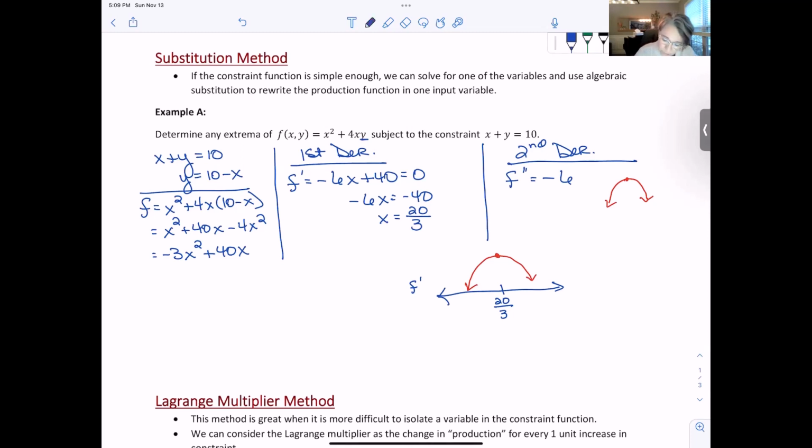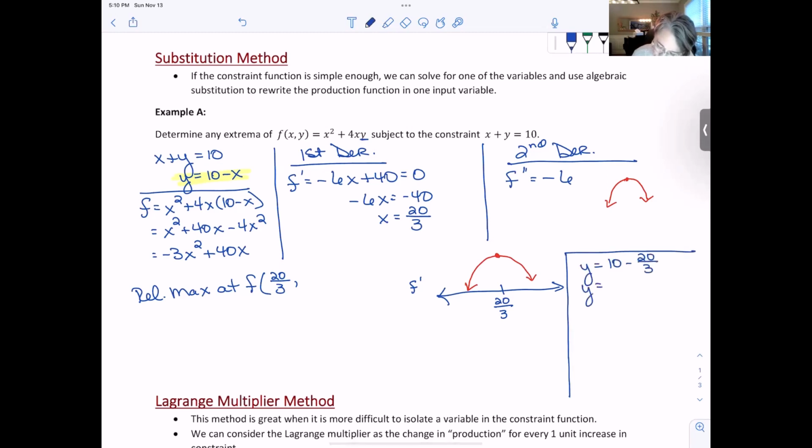So our extrema occurs, so we have a relative max at x equals 20/3, but now we have to figure out what that y value would be. Well, remember up here, y is 10 minus x, so we can use that and find the y coordinate at that relative max.